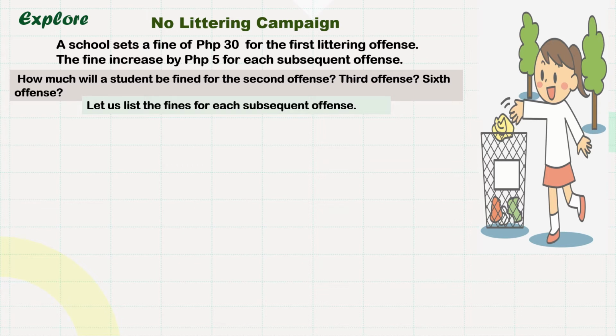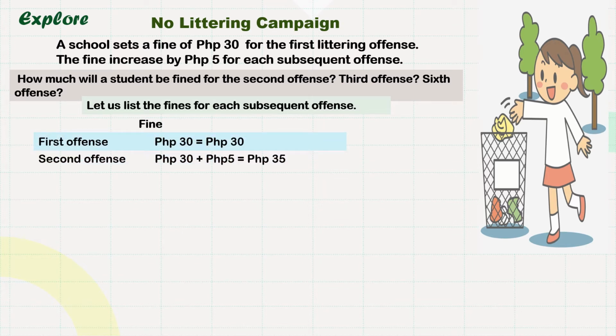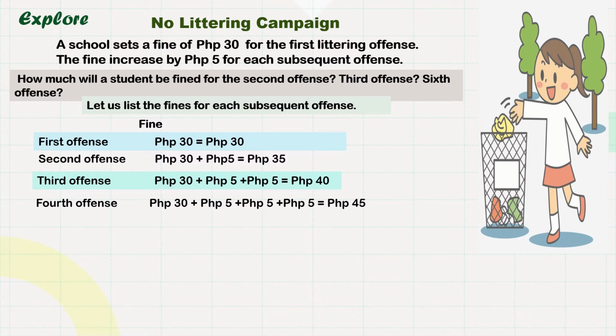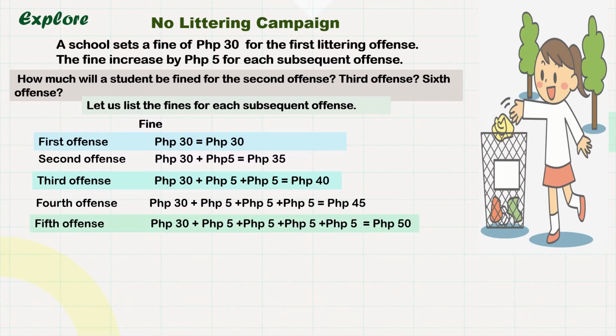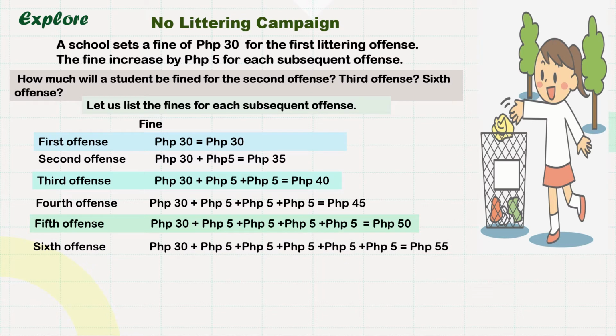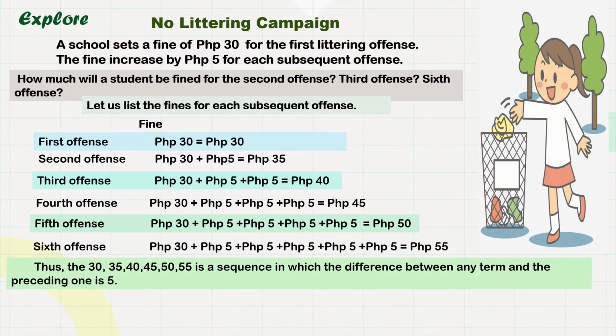Let us list the fines for each subsequent offense. The fine for the first offense is 30, for the second, 35, for the third, 40, for the fourth offense, 45, for the fifth offense, 50, for the sixth offense, 55.